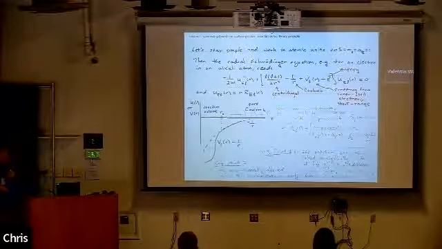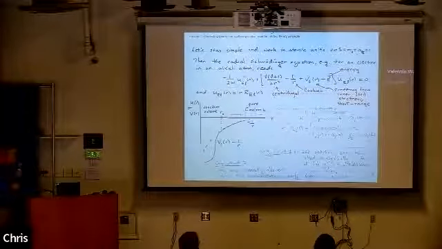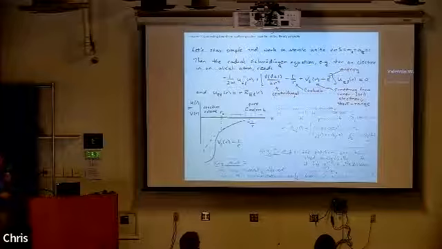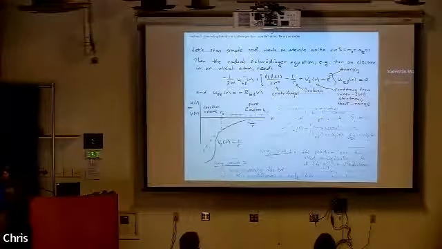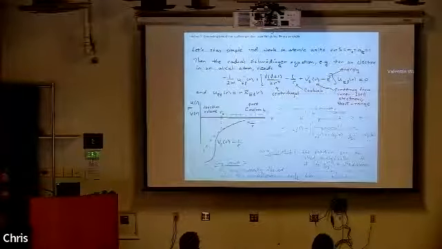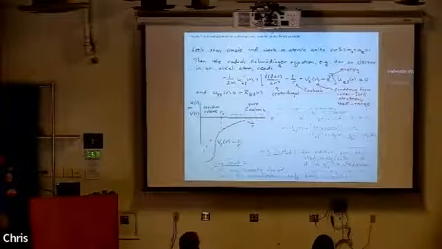So most of what I want to do is let's start, and as usual, let's work in atomic units, where e, h-bar, the Bohr radius, and the fine structure constant are set to one.